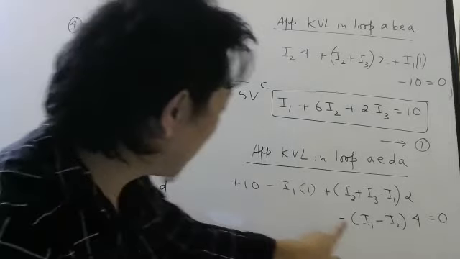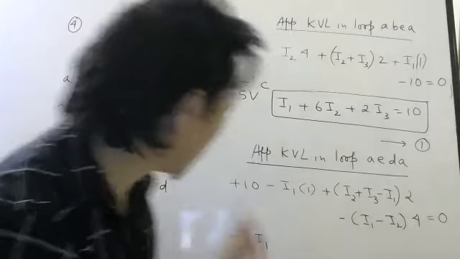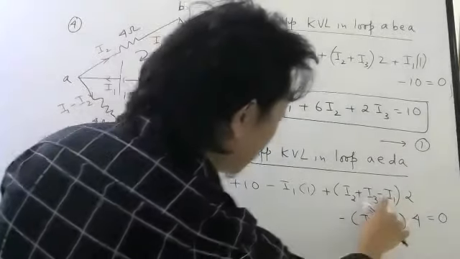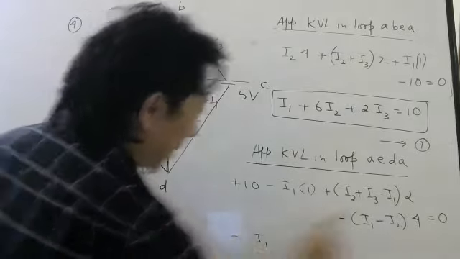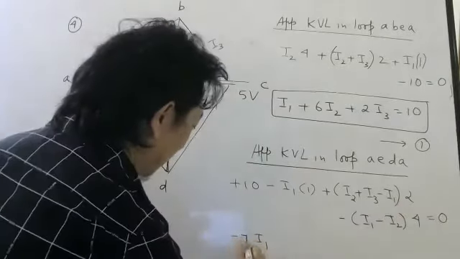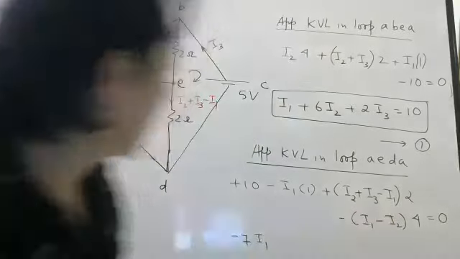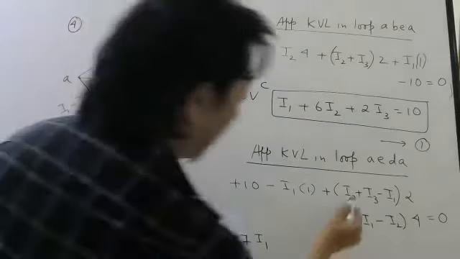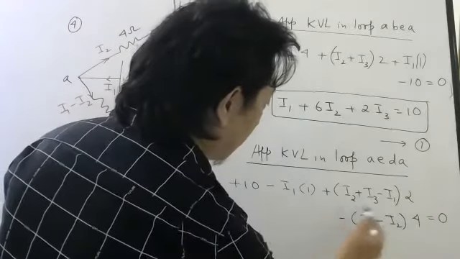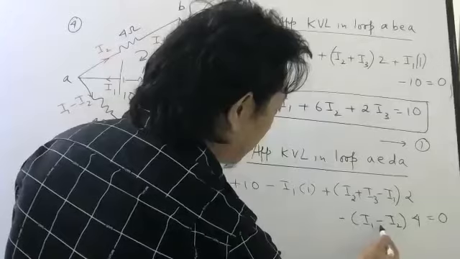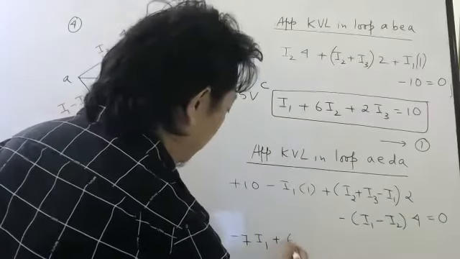So minus I1 minus 4I1, minus 5I1. There is minus 2I1 also, sorry, I forgot that. So minus 7I1. Right? Now see I2: 2I2 plus 2I2, minus minus plus 4I2, so plus 6I2.